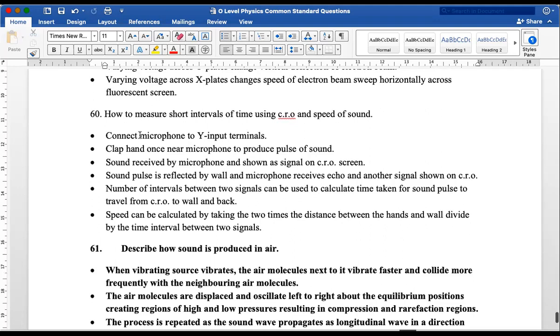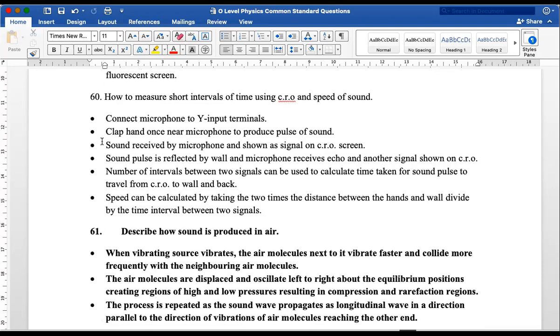How to measure a short interval of time using CRO and the speed of sound. Connect the microphone to the Y input terminal. Clap once near the microphone to produce a pulse of sound. Sound is received by the microphone and shown as a signal on the CRO screen.